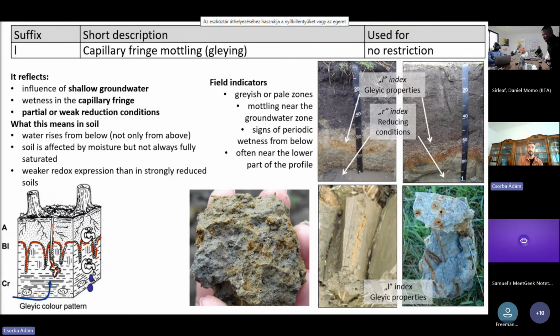L index. Again, this is very similar to the G index because both indicate gleying. But usually when we have the G index in the soil, that indicates water stagnation.